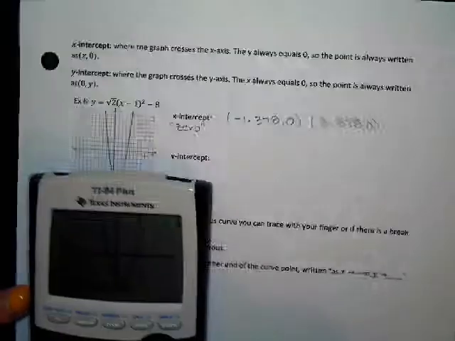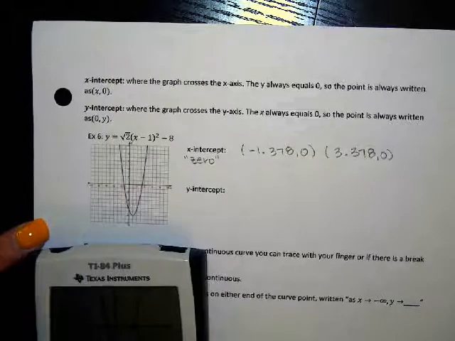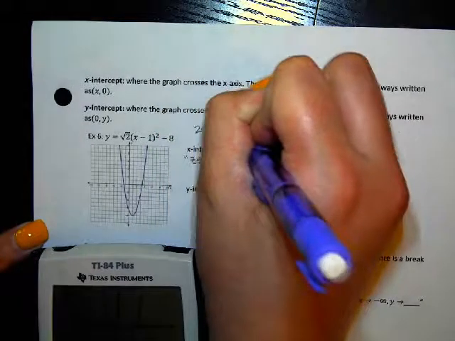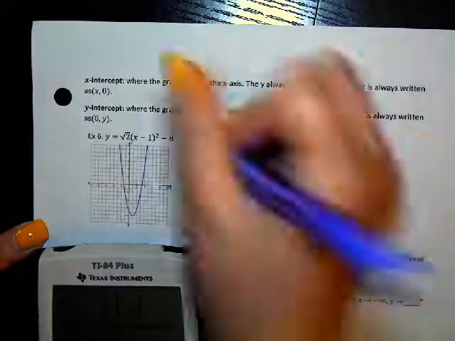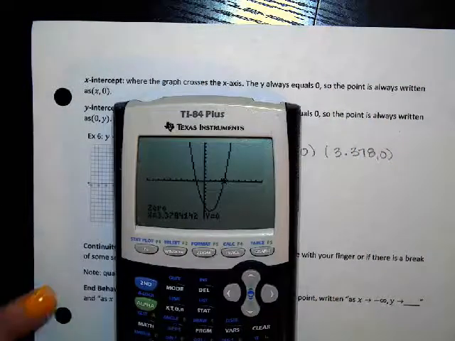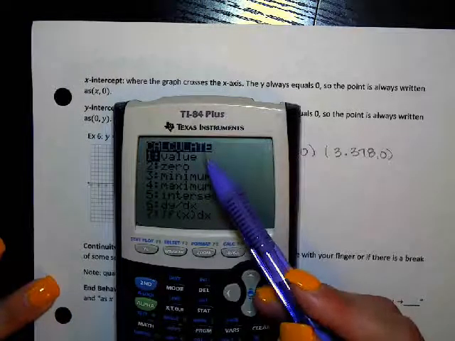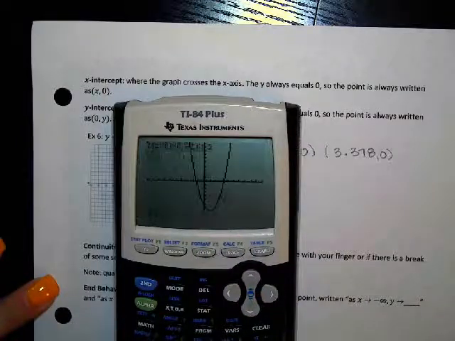So the way that we did this is we did second trace, number 2. That's how we did this one. Okay, now for the y-intercept, we're going to do second trace, and for this one, we're going to use number 1, which allows you to plug in any x value that you want, and we know that for the y-intercept, you have an x value of 0.